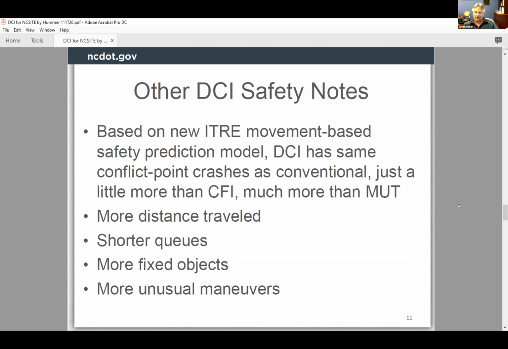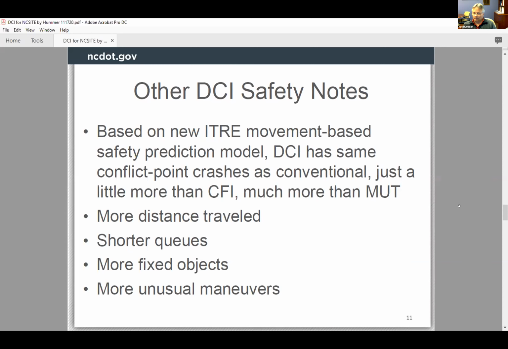Other things we can infer about safety at this point of the DCI, we can run that new model that ITRI came up with that you might remember, the so-called movement-based safety prediction model that they presented last year. And when we do that, we see that DCI comes up about the same as conventional, a few more crashes than the CFI, and actually many more crashes than the median U-turn.